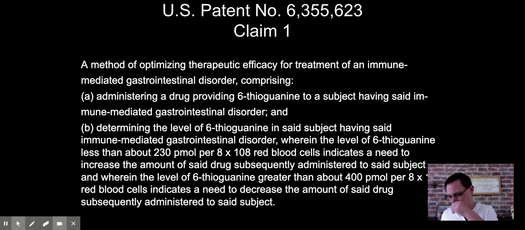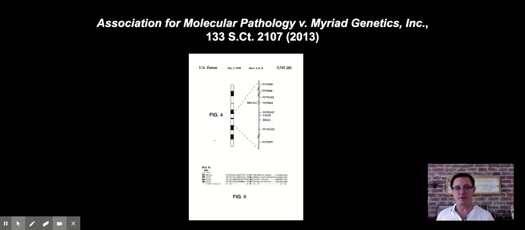Okay, let's think then about Myriad. So in Association for Molecular Pathology v. Myriad Genetics, the patent that Myriad owned was over two particular genes, BRCA1 and BRCA2, that were important to evaluating and treating various forms of cancer.